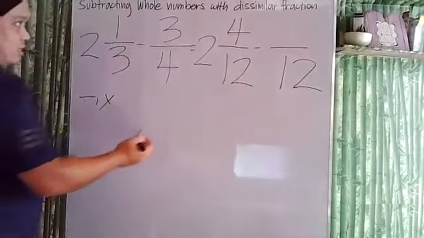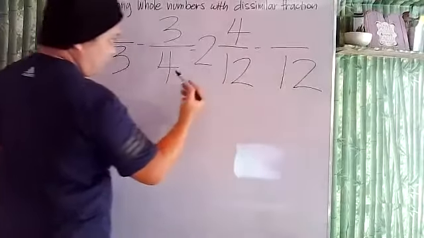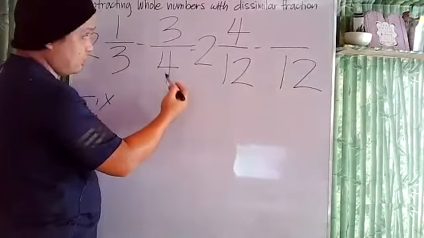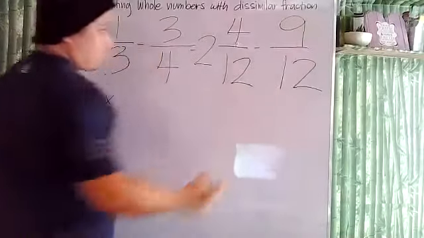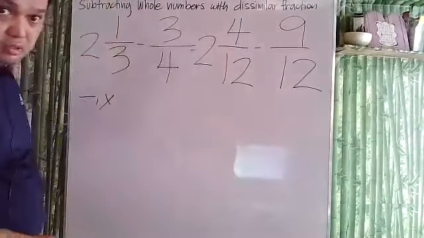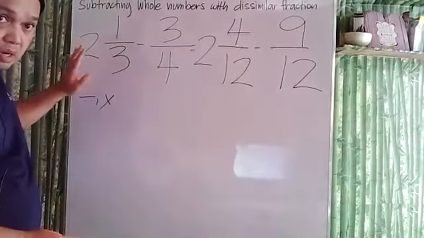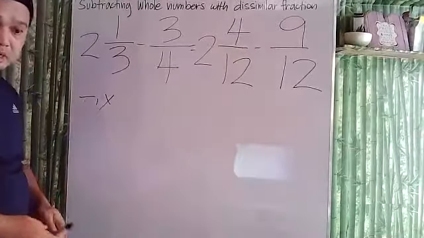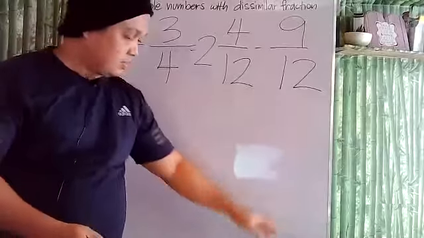Next, let's get the numerator here. 12 divided by 4 is 3. Now 3 times 3 is 9. So we have now similar fractions, because we have already the same denominator.